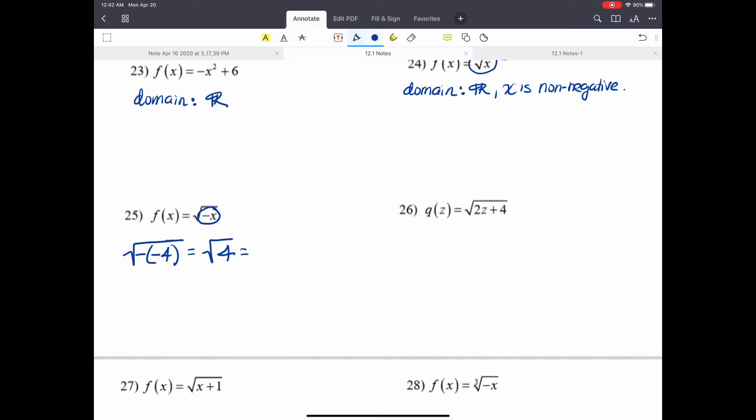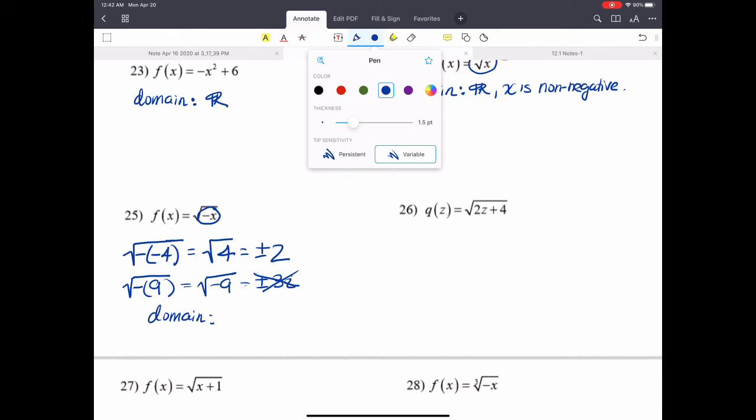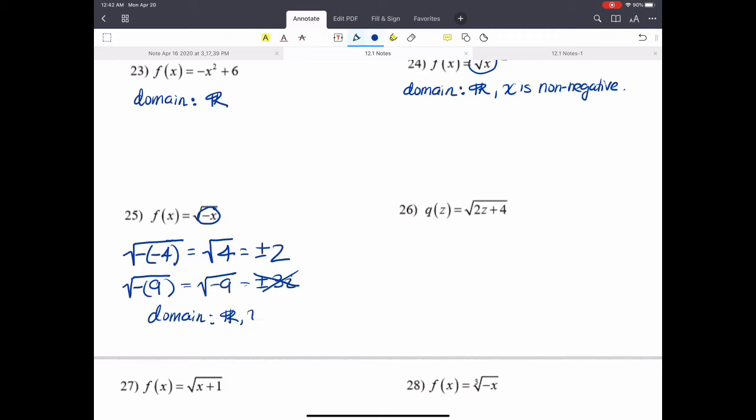So that actually has an answer that is plus or minus 2. If I were to just add a regular old number, like 9, well that's going to be square root of -9, which is plus or minus 3i, which we don't want to get imaginary numbers for domains. So the domain of this one is going to have to be non-positives, so all reals as long as x is non-positive, meaning it could be 0 or less.